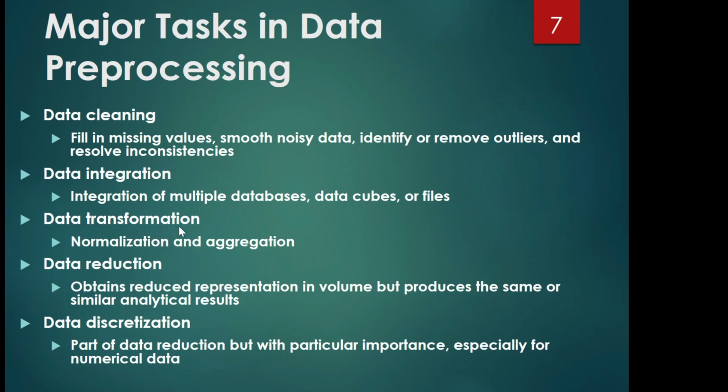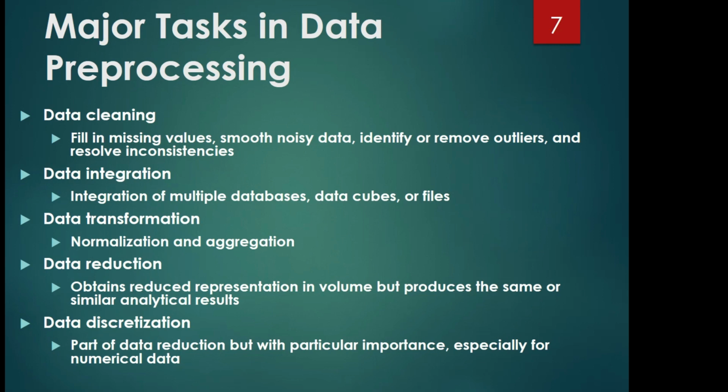Next, data transformation. The data which you are obtaining will be in different formats, so it needs to be transformed into a suitable format which is required in the data mining process. It can be achieved by normalization and aggregation. Next is data reduction. The data collected from multiple sources will be in huge volume.